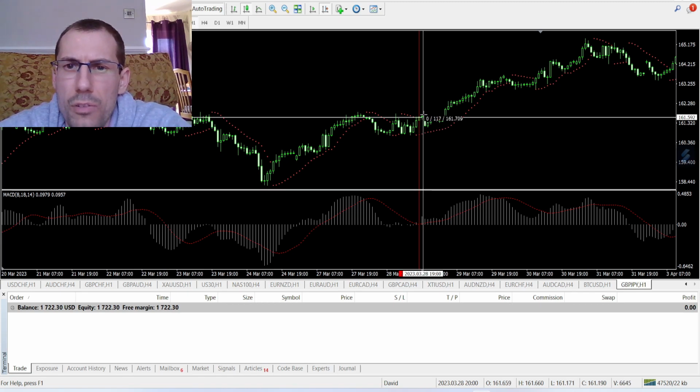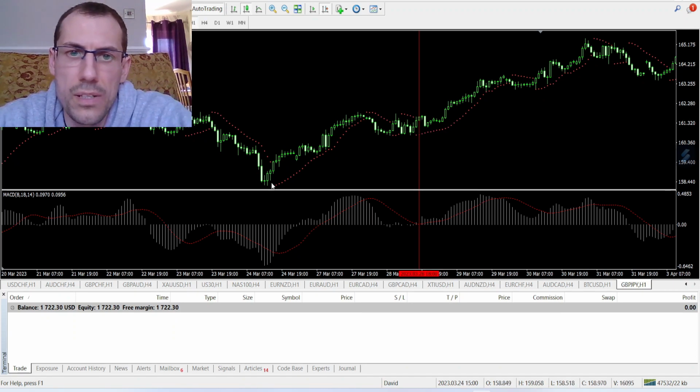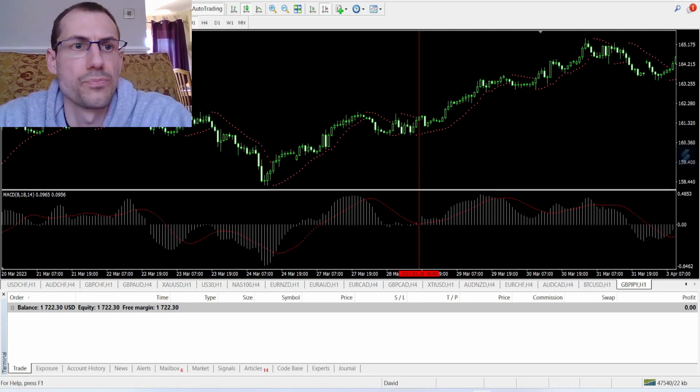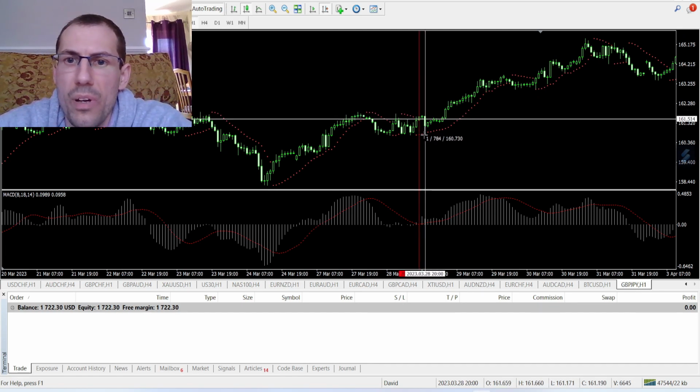Again, if you buy here, 70 pips behind the trend line, definitely behind this trend line here. So somewhere here, 80 pips.